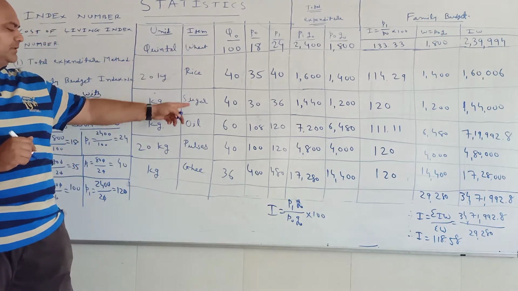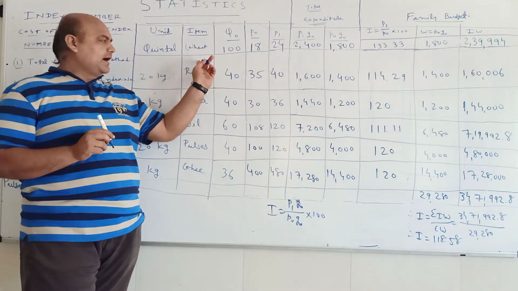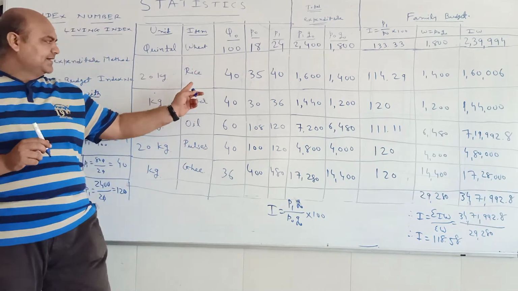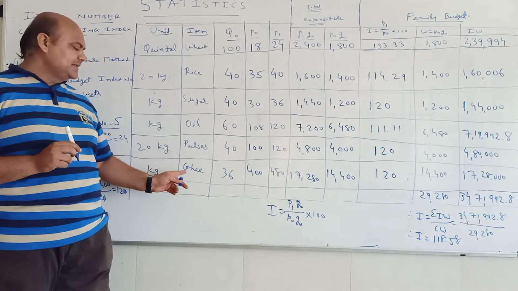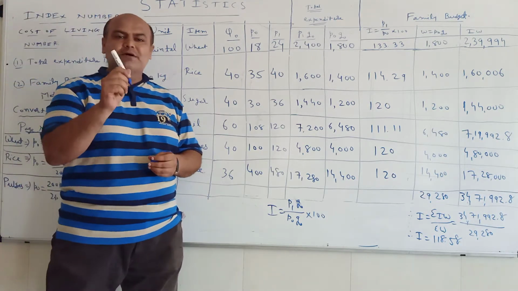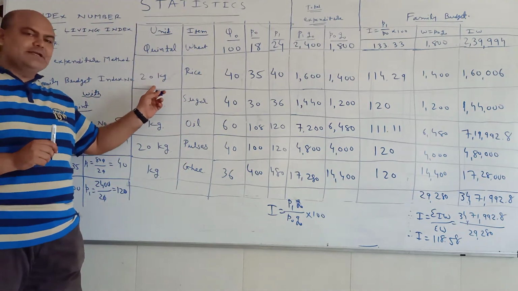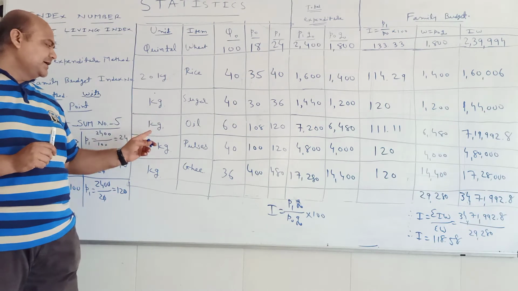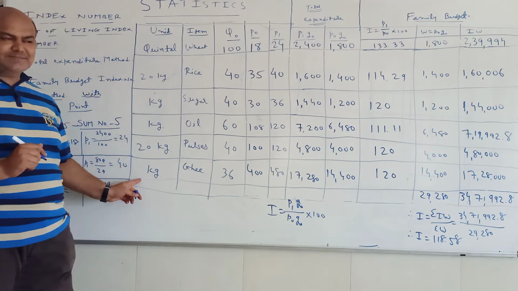The first column they provided in the question is item. There are different items: wheat, rice, sugar, oil, pulses and ghee. They also provide the column of unit, that is quintal, 20 kg, only kg, 20 kg and again kg.